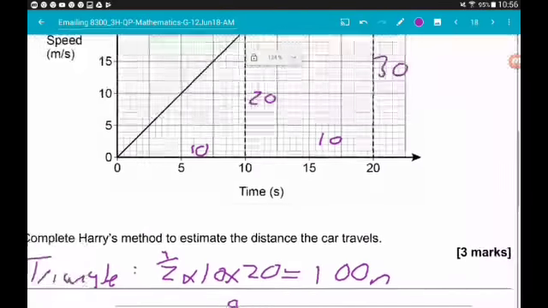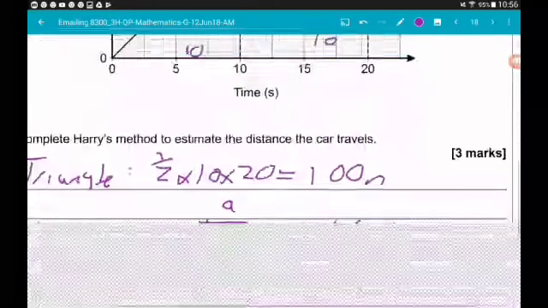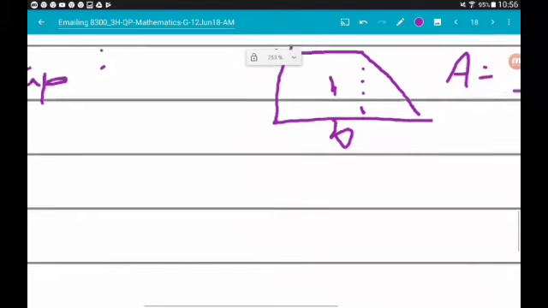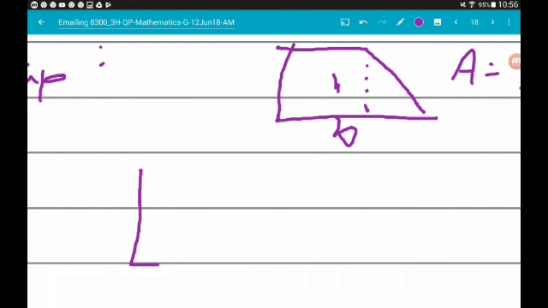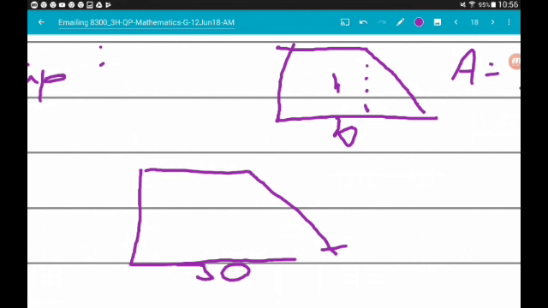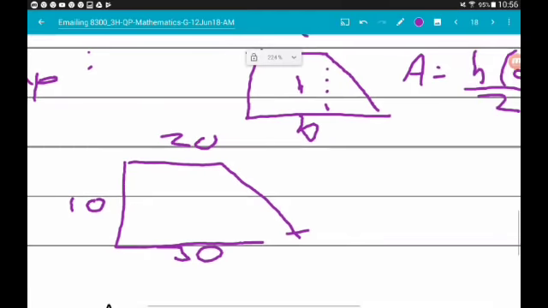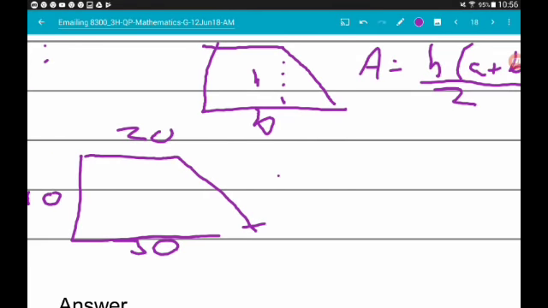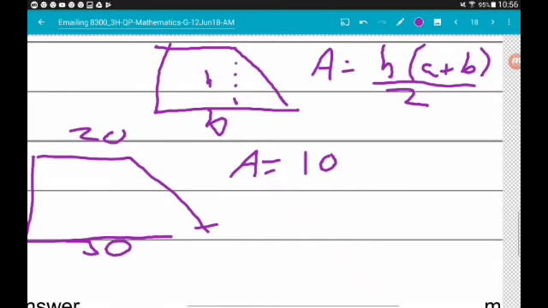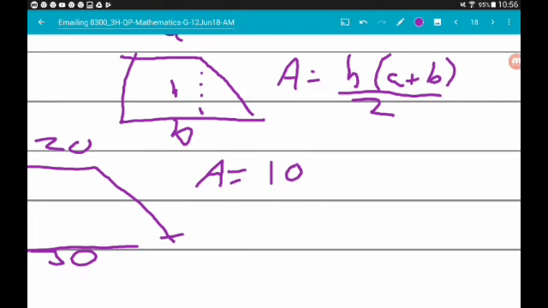So we need to draw this trapezium a little bit different. It needs to sit down. So the base is going to be 30, the top length is going to be 20, and the height is 10. So the area is 10 lots of 30 plus 20, so 50.